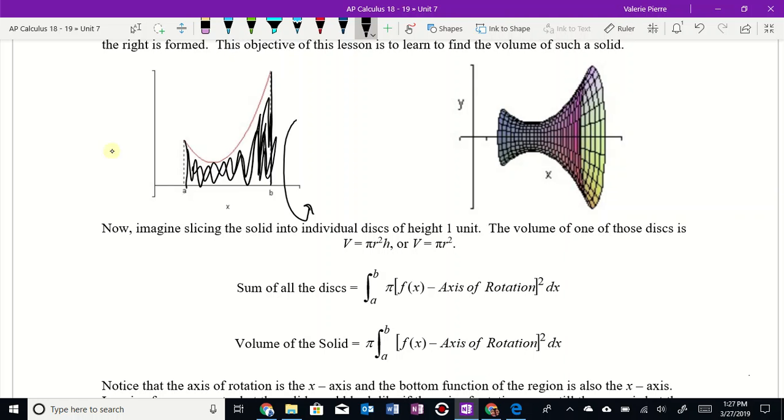So if I were to slice open this figure, right? So here's the slice that I'm going to cut out. If I were to slice that figure out, I would get something that looks something like this.